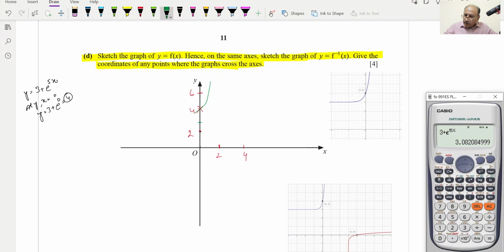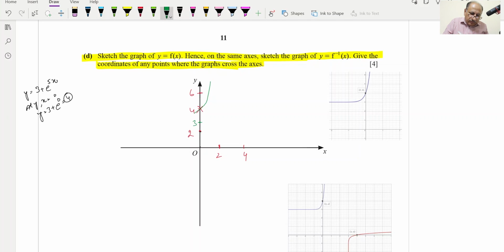If we calculate for minus 2, it will be 3 point something, and for minus 5, it is again 3 point something, so it will never be coming lesser than 3. If we take the 3 line as this one, our curve will never come lesser than 3, so it will not be curving lesser than 3.